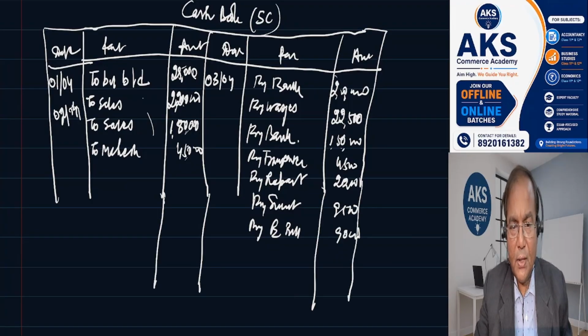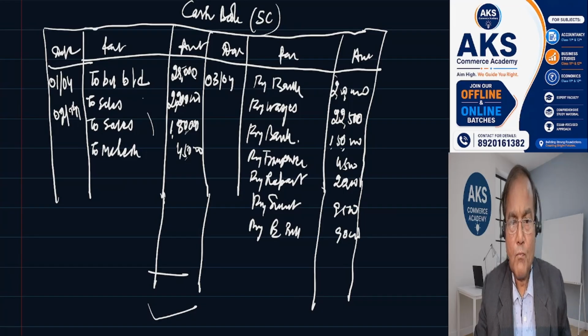So this side total, we'll total it up. 25,000, 2,20,000, 2,45,000, and 1 lakh, 3 lakh 45, 4 lakh 25,000, and 30, 2 lakh 20, and 25, 2 lakh 45, and 180, and 45.